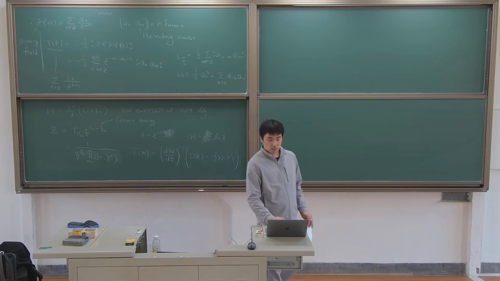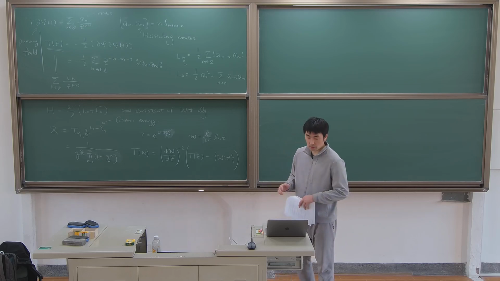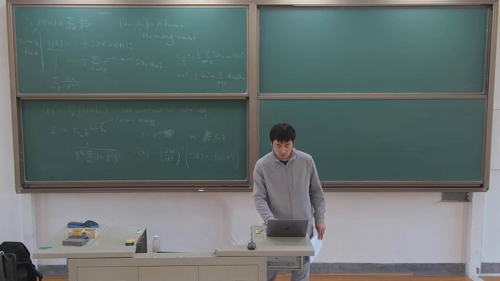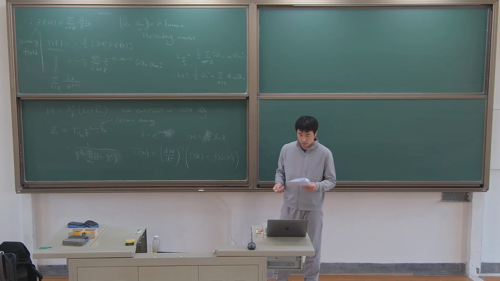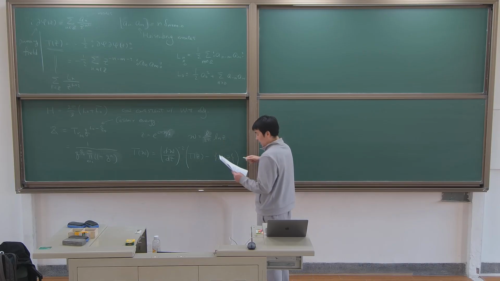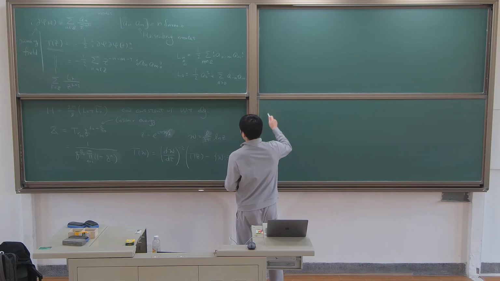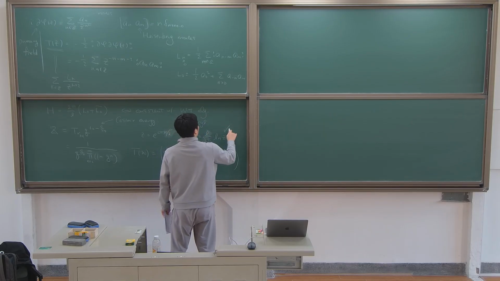I'm not going to write down the definition of the Schwarzian derivative, but you already knew what it is. And if you plug this one into here and do the calculation, this is the cylindrical component, and this is plane.